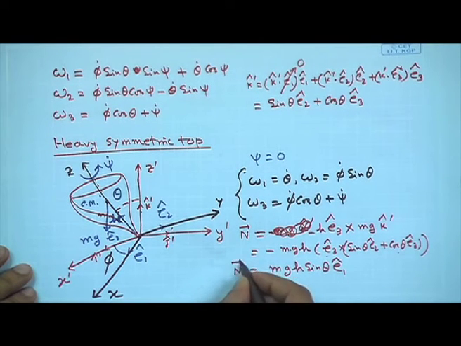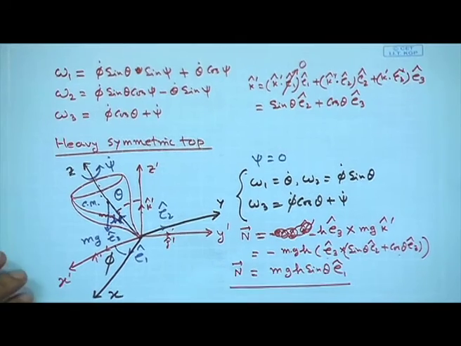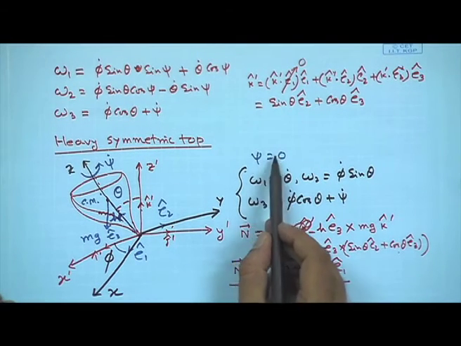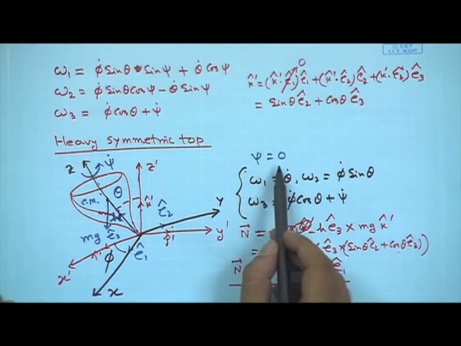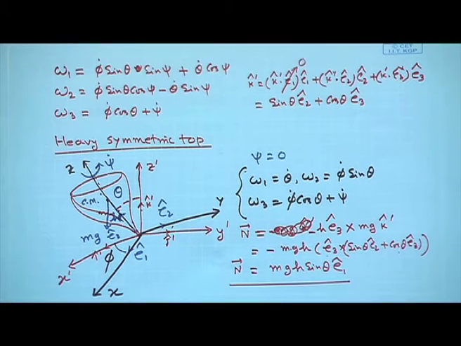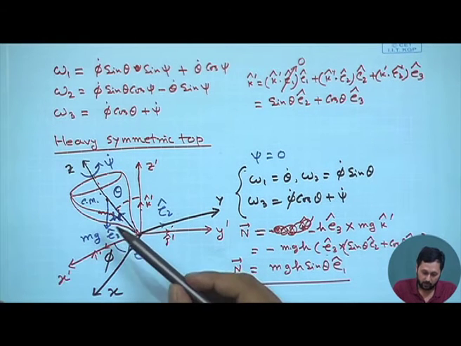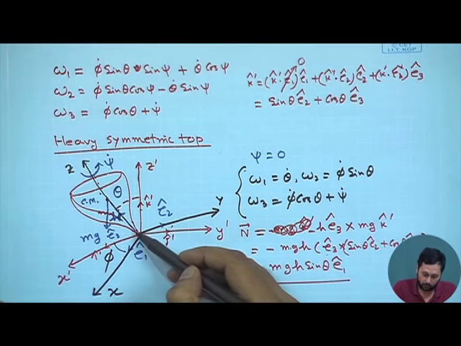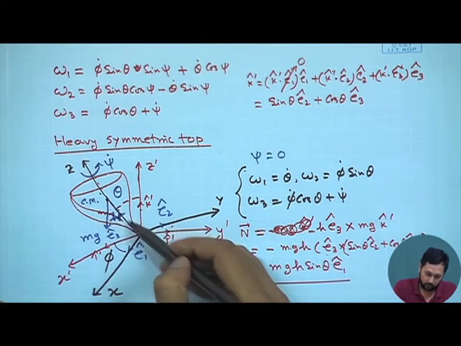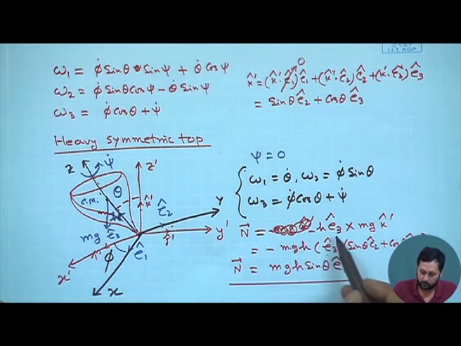So, n is this. Also, putting psi equal to 0 explicitly has another significance when we look at it from the space set of axis. So, the expression of torque will be the same: E3 cross mg k capped.